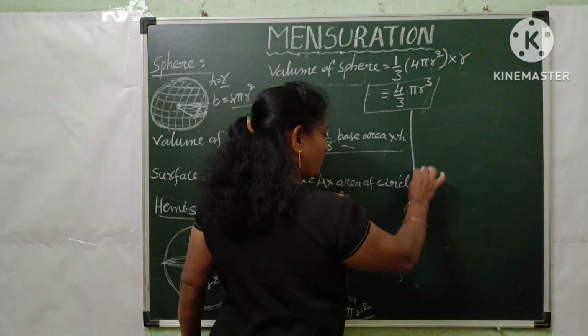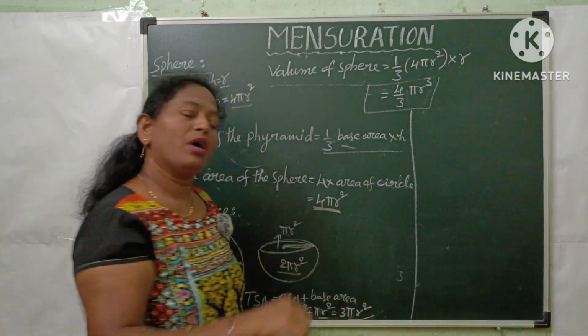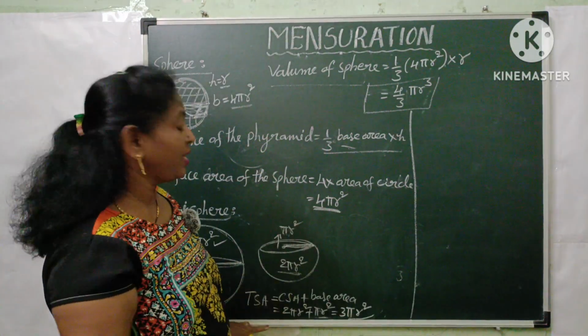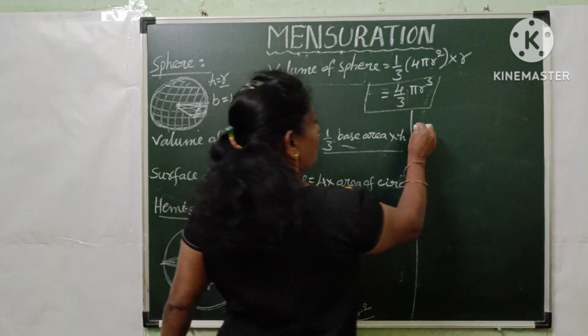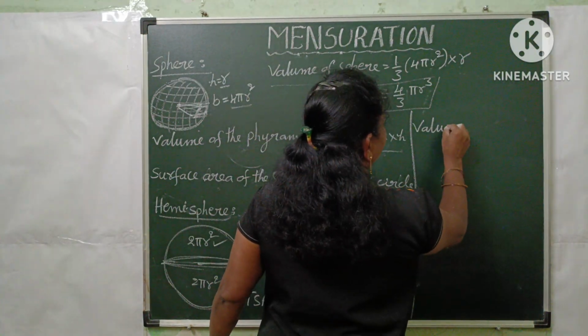Now the volume of the hemisphere is half of the volume of the sphere.